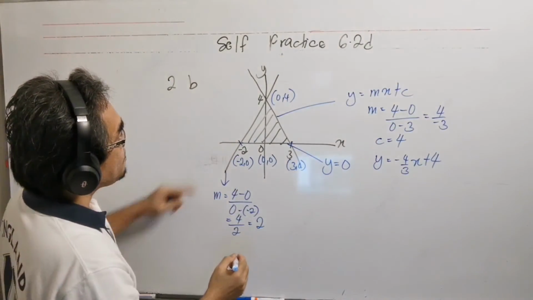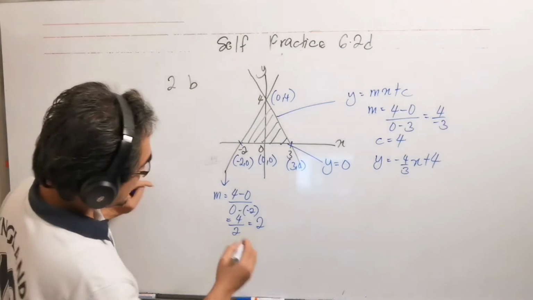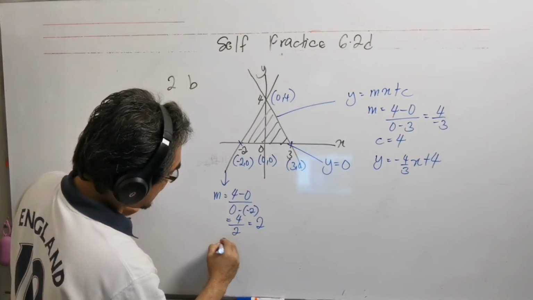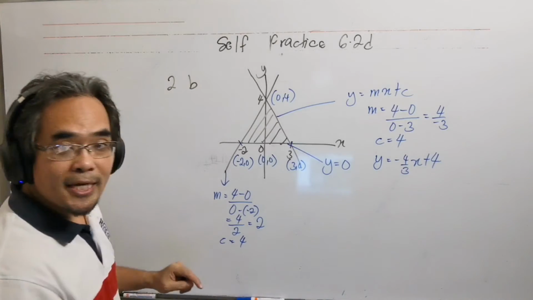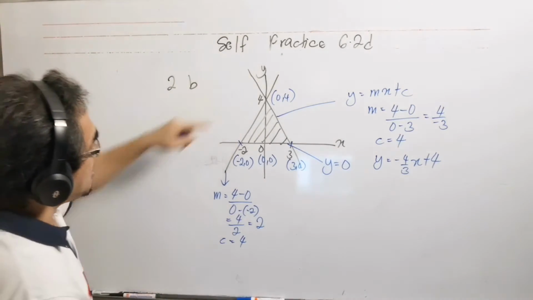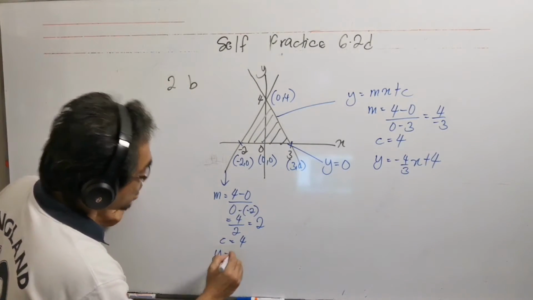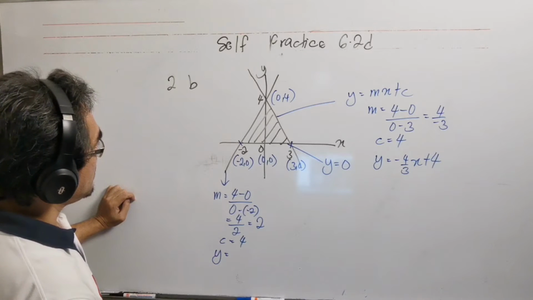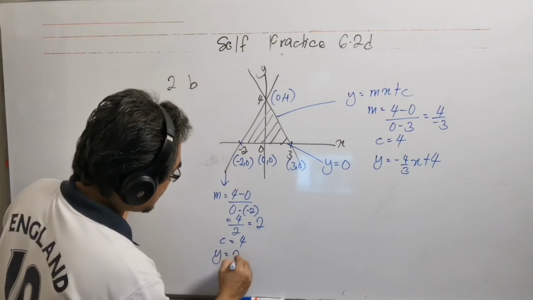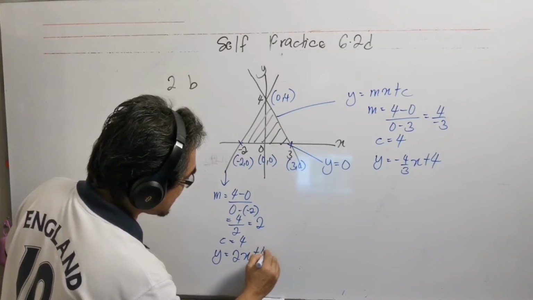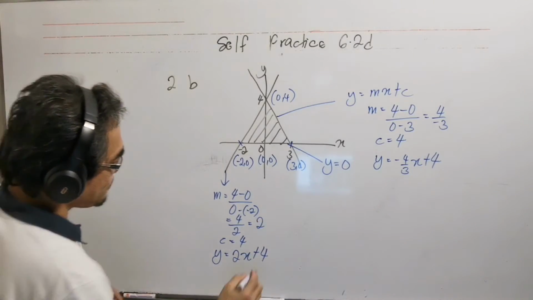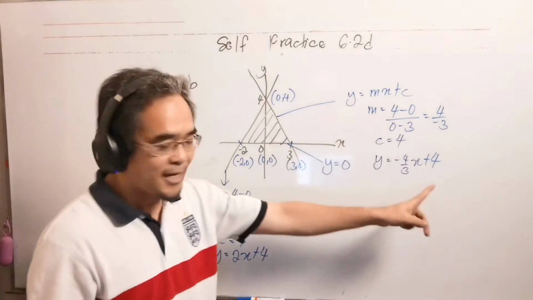And c is again 4. So the equation of the straight line is y equals 2x plus 4. So you have 1, 2, and 3.